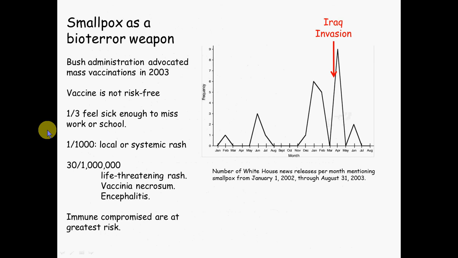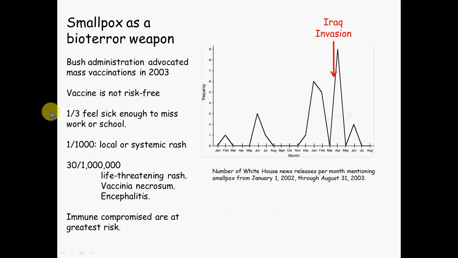It's a living virus. What does it say? 1/3 of people that get vaccinated feel sick enough to miss work. 1 out of 1,000 get a rash. 1 out of 30 out of 1,000,000 react poorly. So it's not a risk-free vaccine, and especially the older people are less likely to tolerate this.